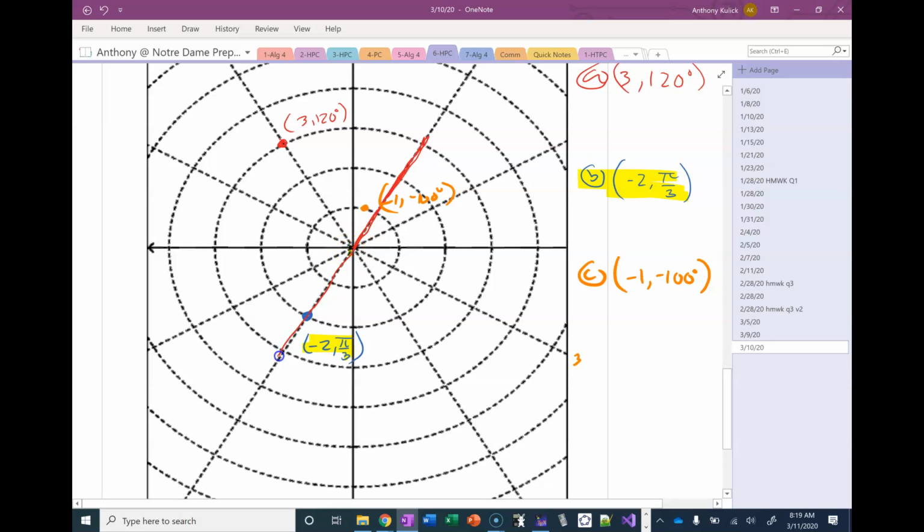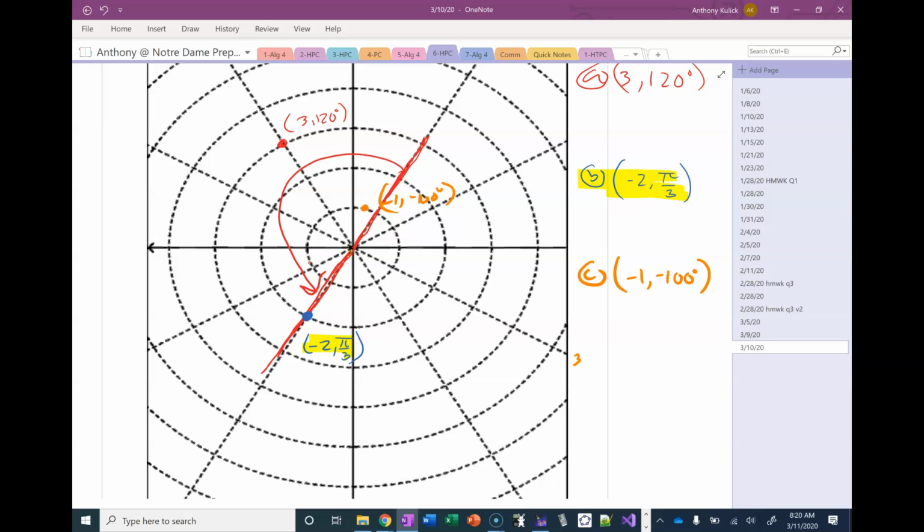And the angle that Miguel described was this terminal side. So how do we change the angle to go from here to here?